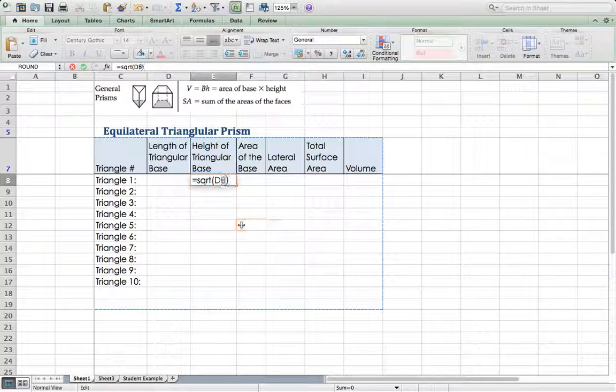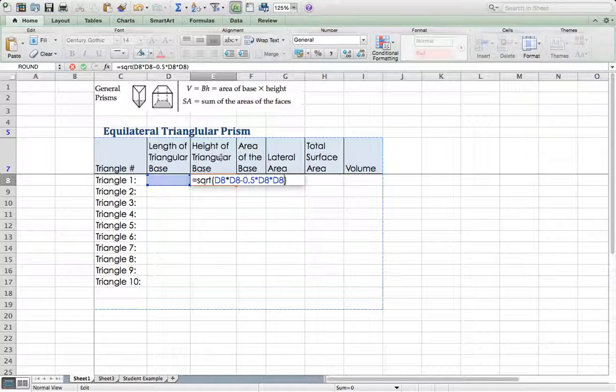So D8, because I want it to reference this. And instead of squaring it, I'm just going to multiply it by itself. And then minus half, so I'm going to do 0.5 D8. Oh, you need to put the multiplication in between, otherwise it will say an error.